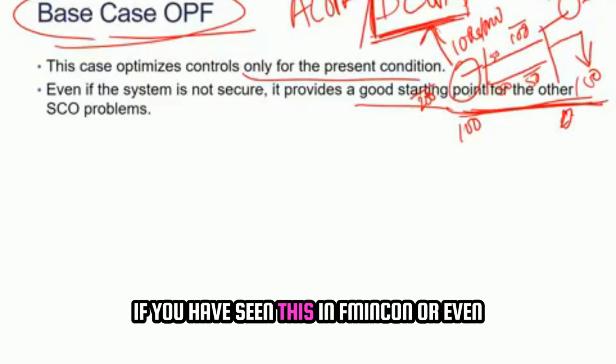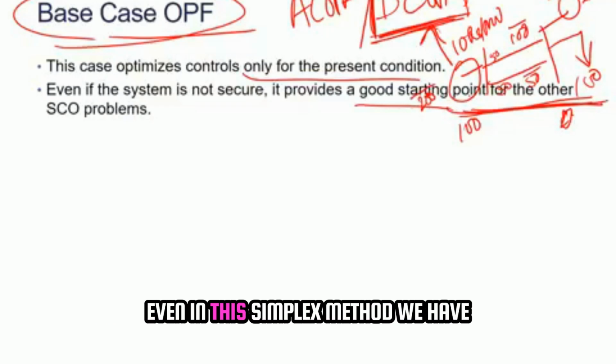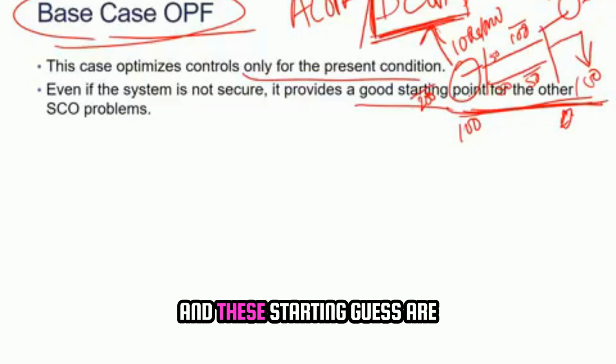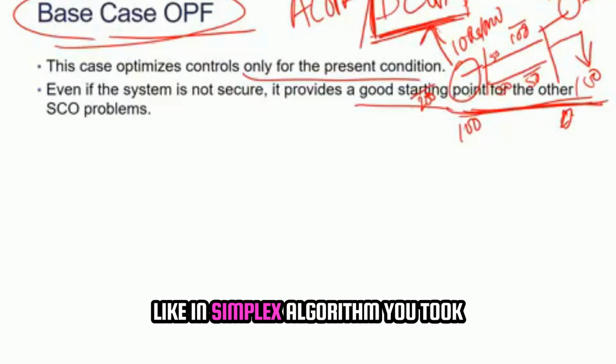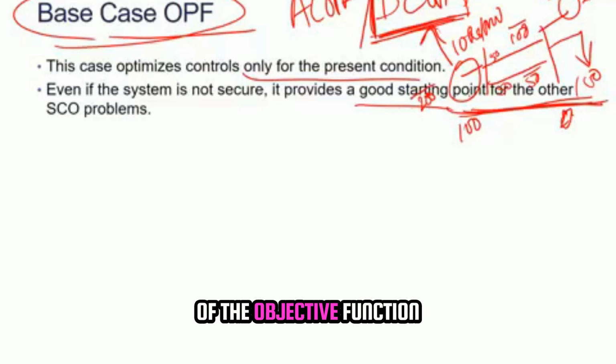If you have seen this in fmincon, or even in Newton's first order, Newton's second order, even in the simplex method, we have to give a starting guess to the values, and these starting guesses are based on some assumption. Like in the simplex algorithm, you took the logic from the coefficients of the objective function.